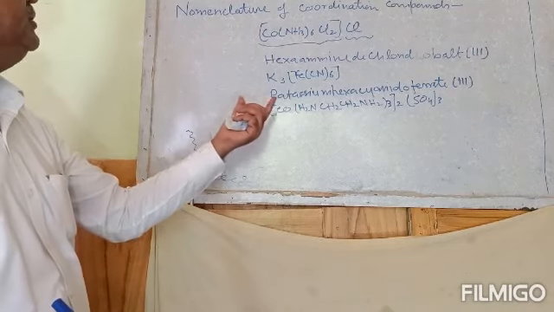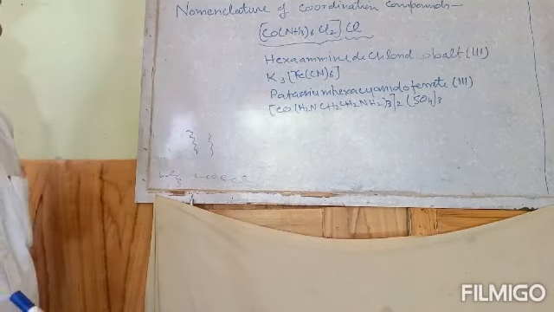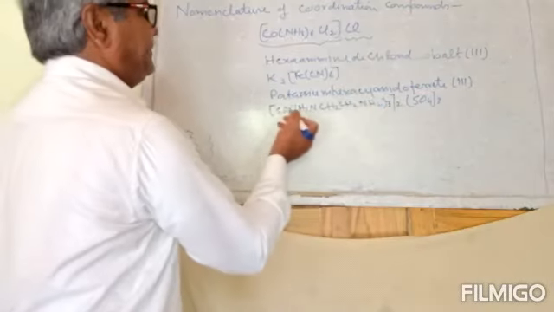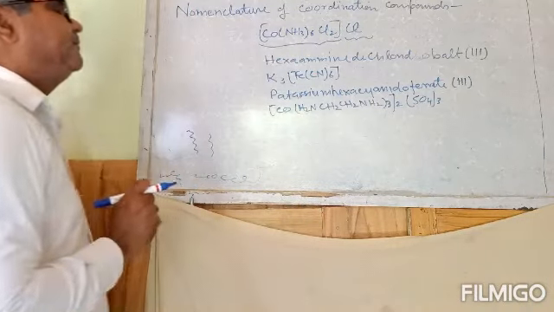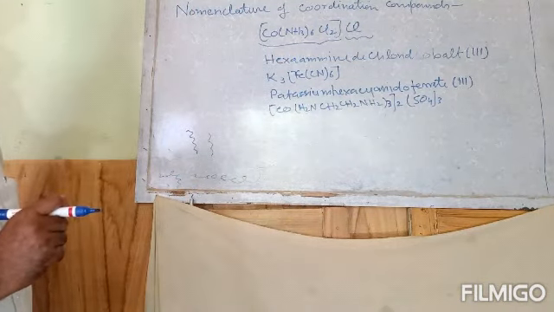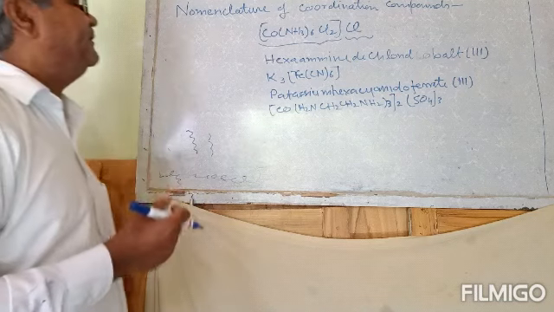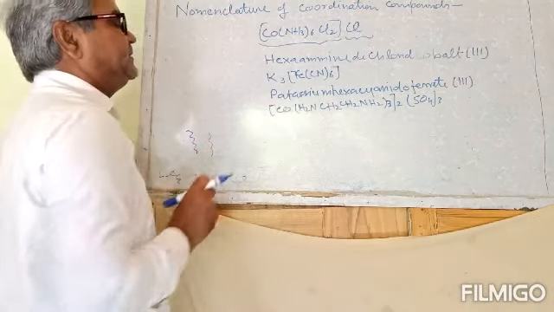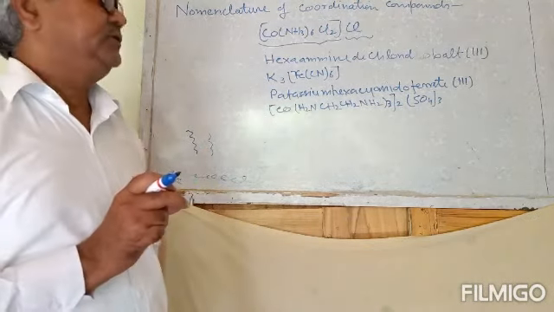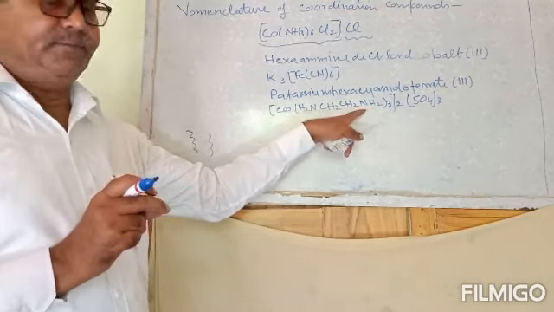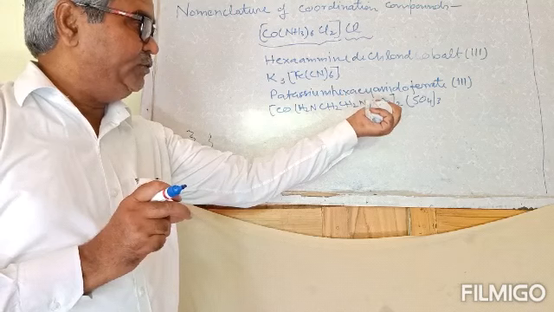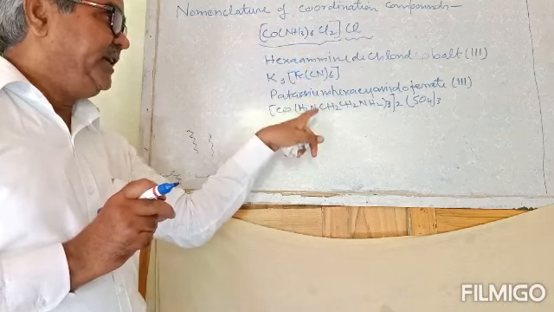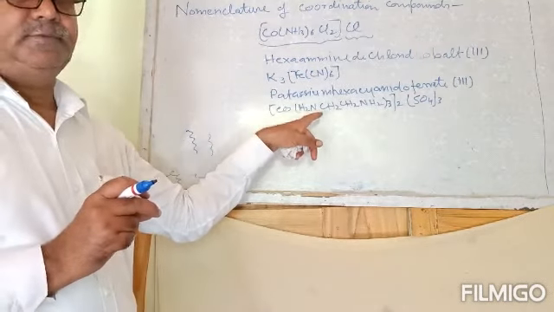Yes. Now see this compound. The compound also has 2 parts, a cationic part and an anionic part. So first we will name the cationic part, and in the cationic part the ligand is named first. Here our ligand is ethane-1,2-diamine, and there are 3 molecules of the ligand, and the name carries di.